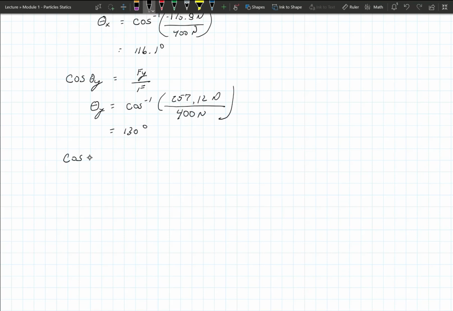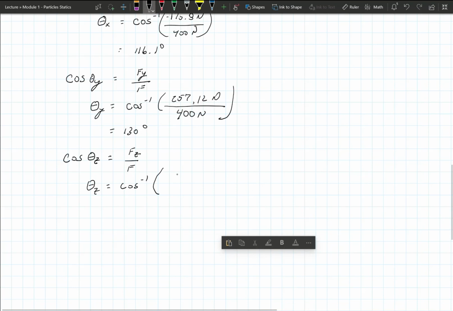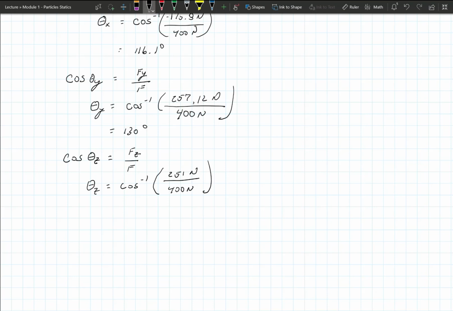Okay. Cosine theta z equals F of z over F, which is equal to, F of z in this case was 251 over 400, and we're going to get a value of 51.1 degrees.